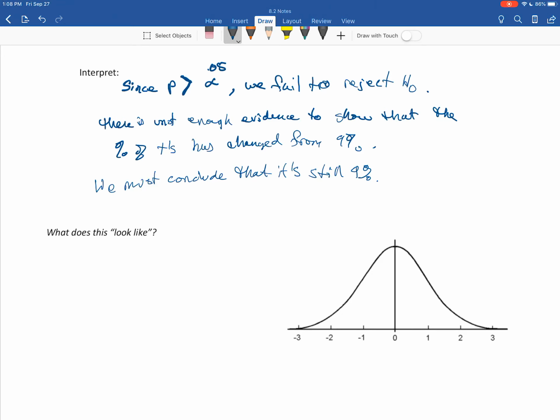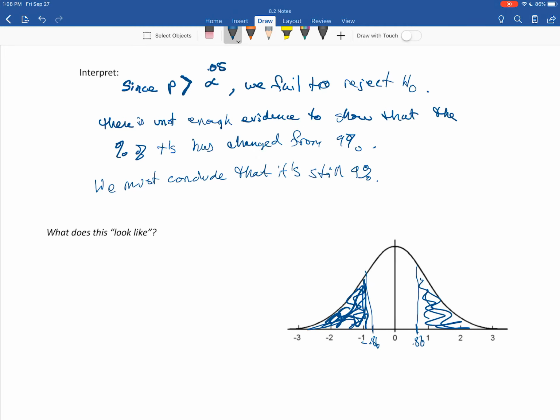So if we think about what this one would look like, this one was two-tailed, right? It was a not equal to. So both sides at 0.86, so positive at 0.86 and negative at 0.86. Beyond those values get shaded, and that represents our p-value.